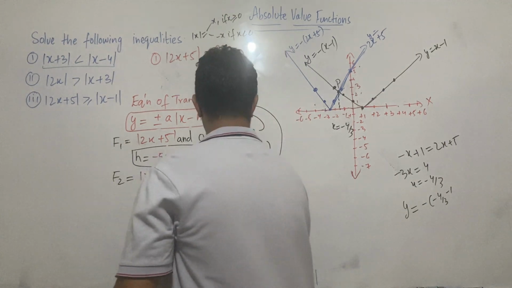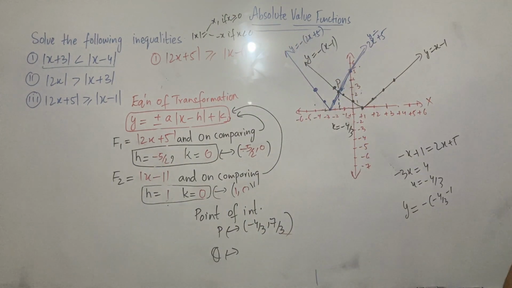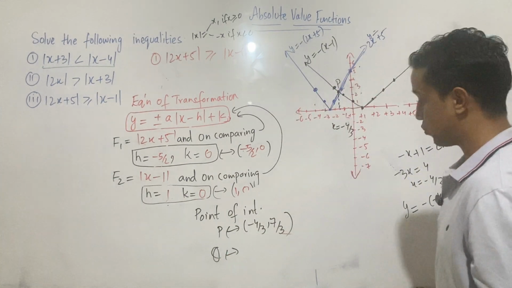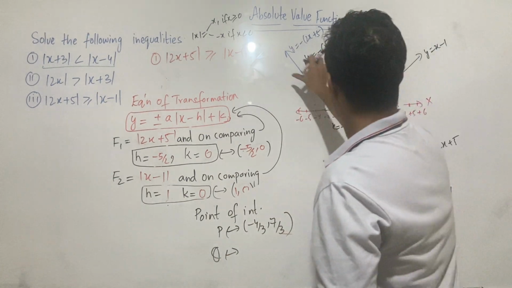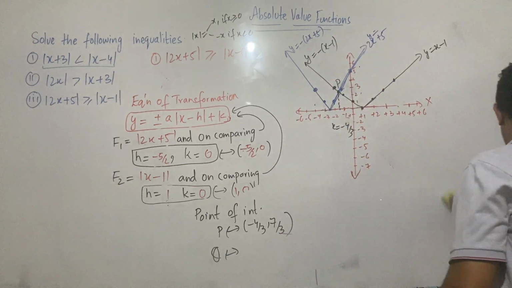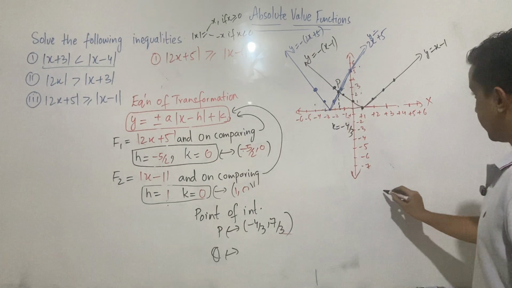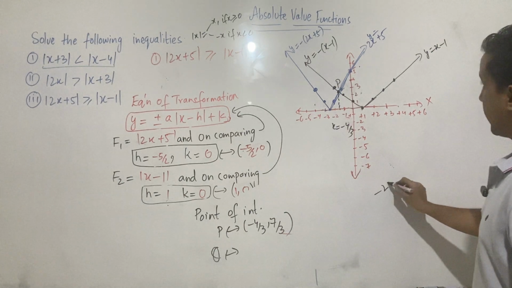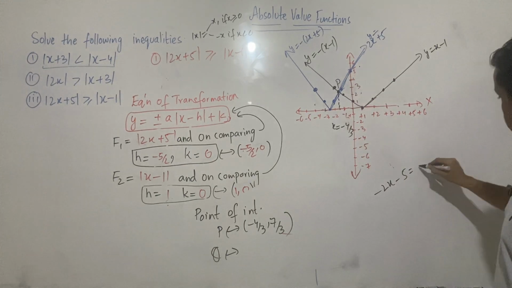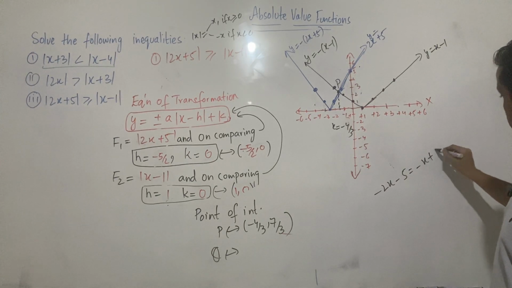On further extending, if they intersect, let's say that point is Q, and I want to see what the coordinates are. So let's equate these two lines: minus 2x minus 5 is equal to minus x plus 1.